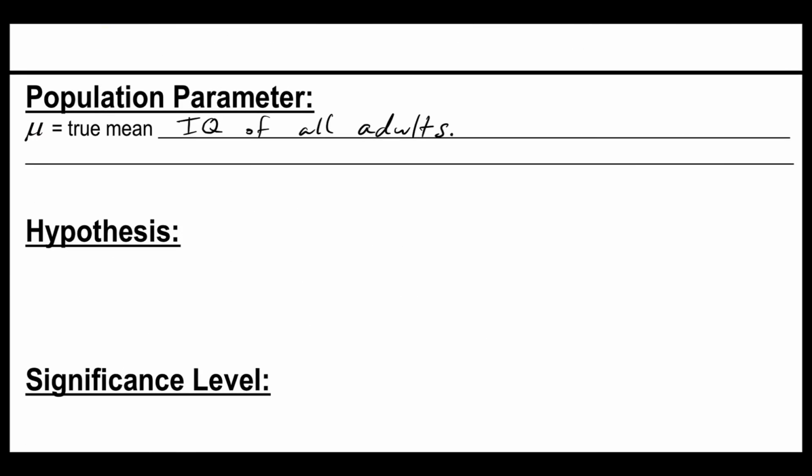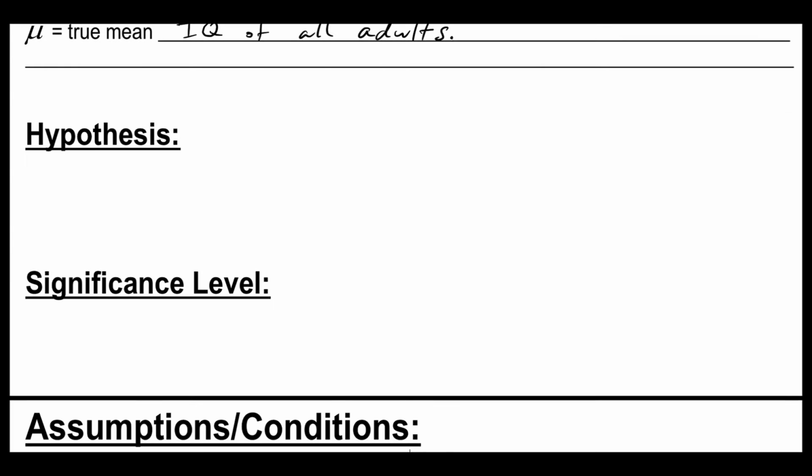Yep. IQ score. You could put IQ score, but IQ is kind of the same thing. Okay. Hypothesis. The claim is that it's 100. 100 is the average IQ for a population. If someone has an IQ of 100, that means they're average. Half the population has a higher IQ score, half has a lower IQ score.